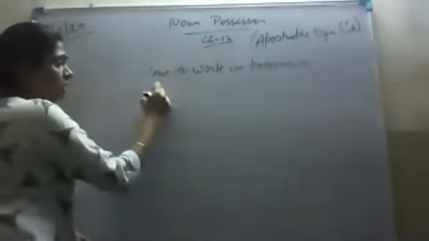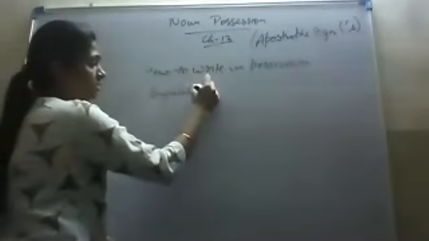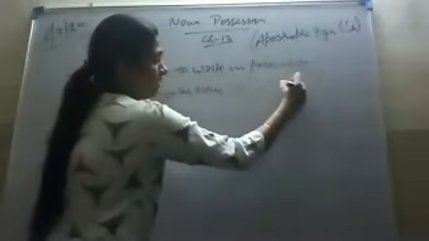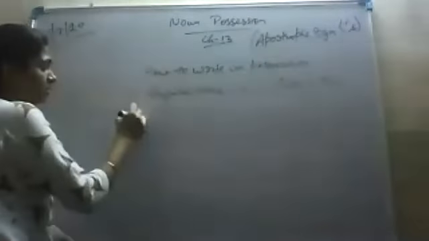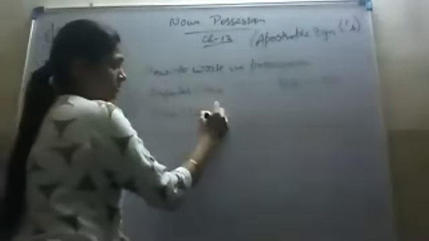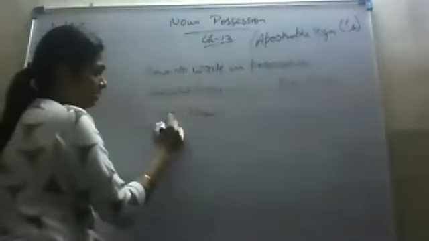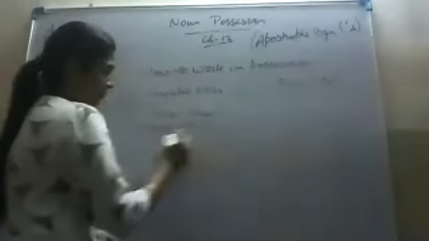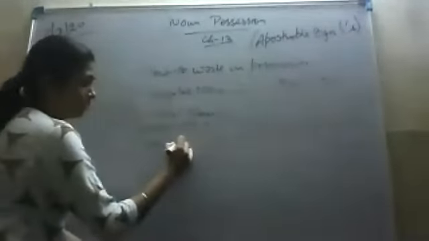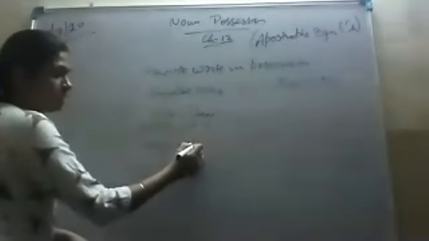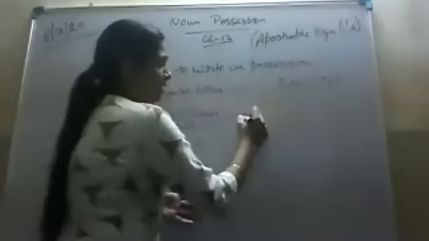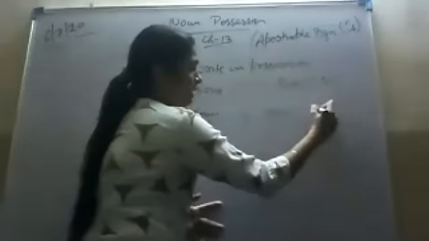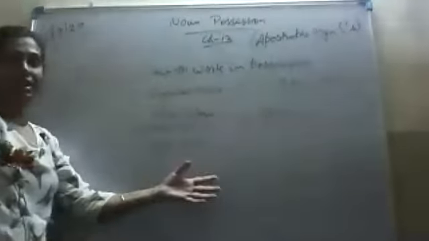First, if the noun is singular, then we add apostrophe and S. And if the noun is plural and also ending with S, for example, boys, girls, these are the nouns which end with S, in these plural nouns which end with S, we add only the apostrophe sign and we do not write S.